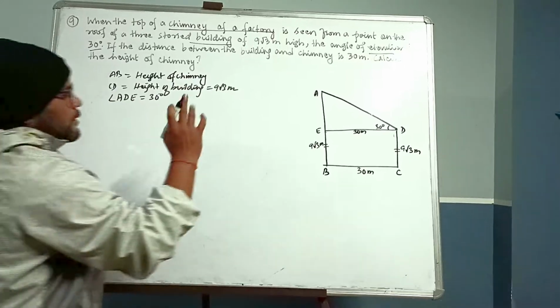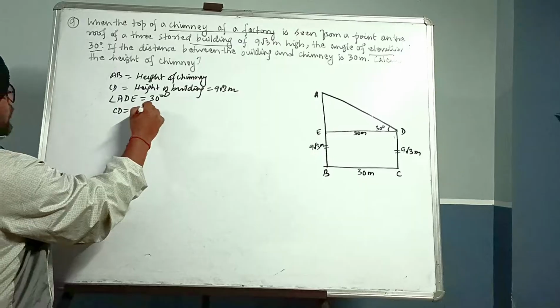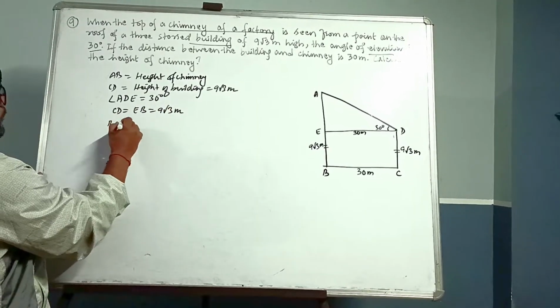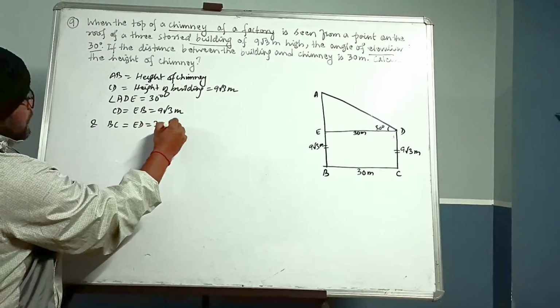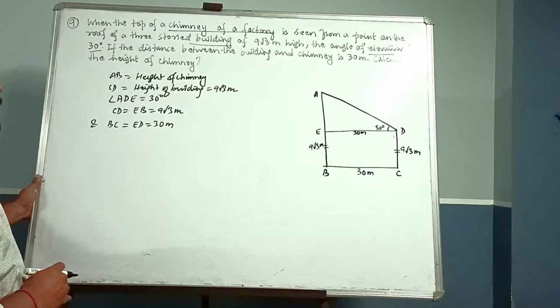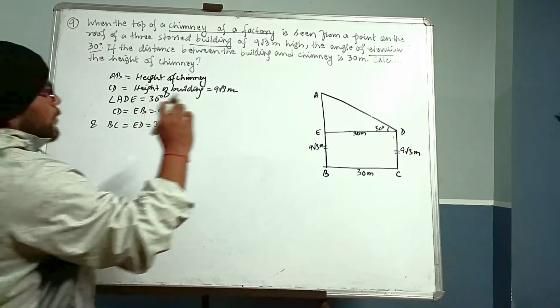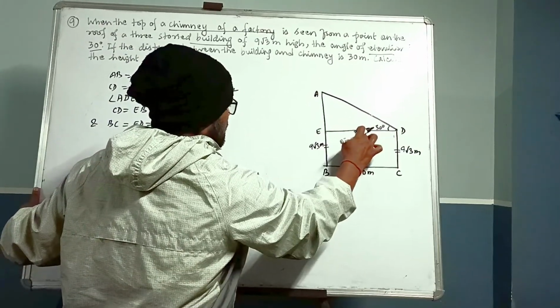Now, when we constructed the diagram, it is clearly given that CD equals EB equals 9 root 3 meters, and BC equals ED equals how much? 30 meters.